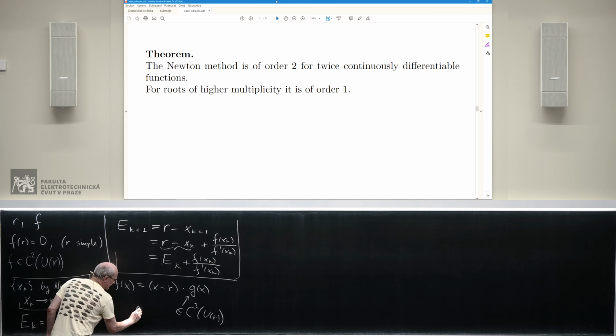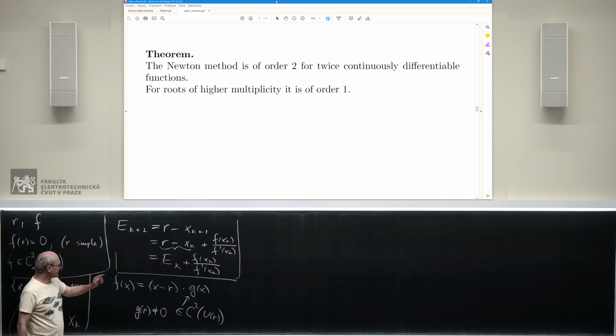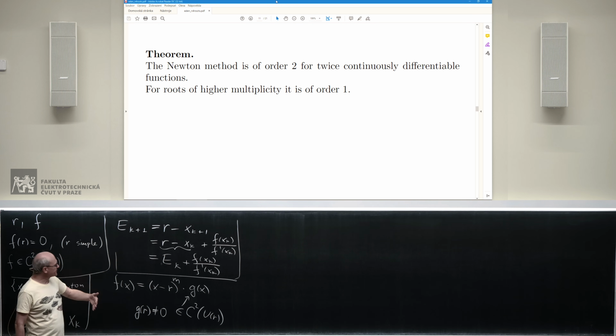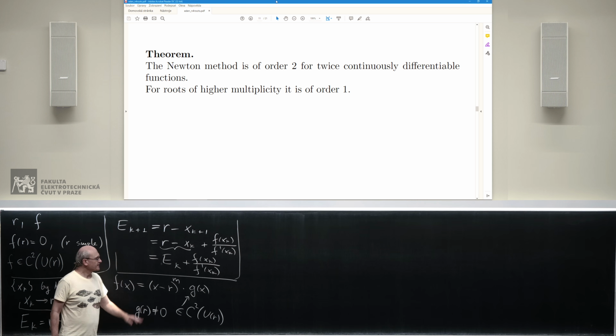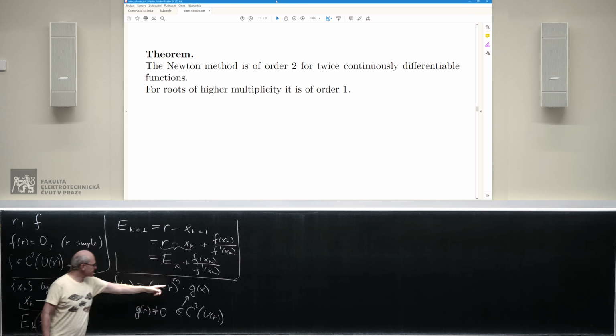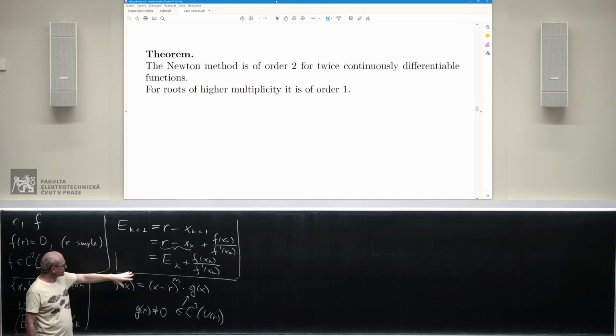Moreover, if we ask that g(r) is not 0, then we have to put m here, and we learn about the multiplicity of r as a root. Now, we will then focus on the case when r is a simple root, so m is equal to 1. But for now, let's do it in a general way.